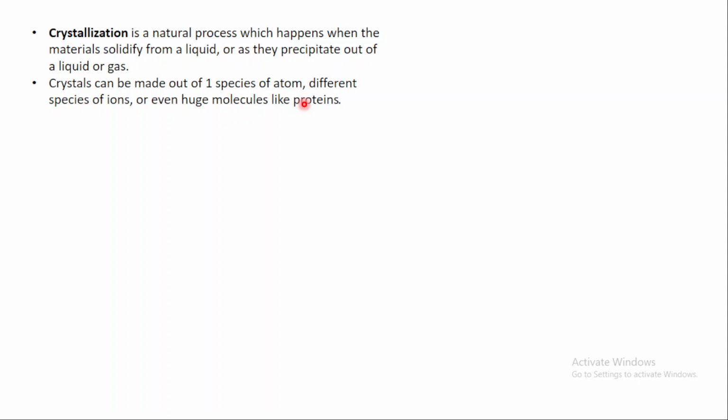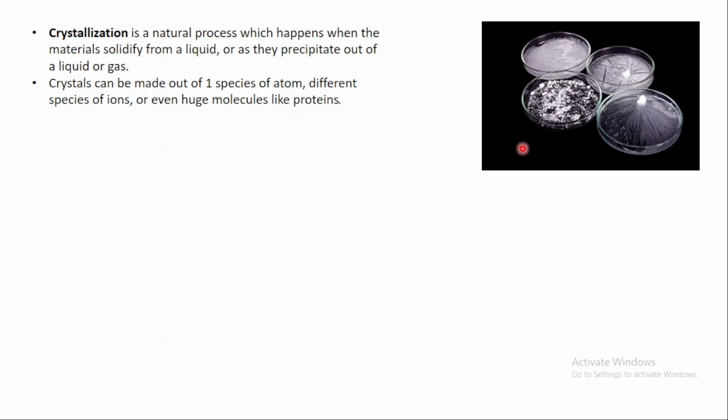So crystallization can be of many materials, and this is how crystals look on a petri dish. If you provide the right conditions, many materials can precipitate out from liquid or gas phase to form crystals. So many minerals in underground ore formation, metals, occur in crystals.